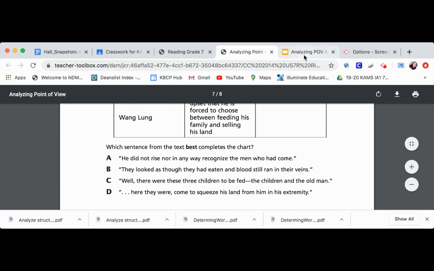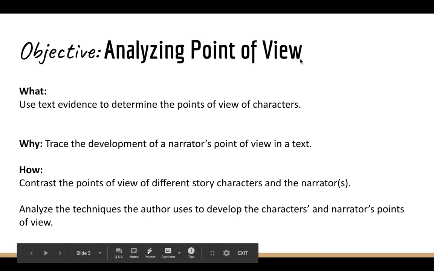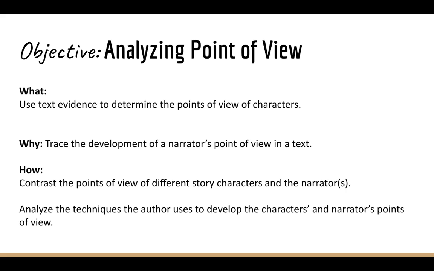Okay, jump back over to what we were here for today. So, analyzing point of view. The what: use text evidence to determine the point of view of characters. The why: trace the development of narrative's point of view in the text. How: contrast the point of view of different story characters and narrators.